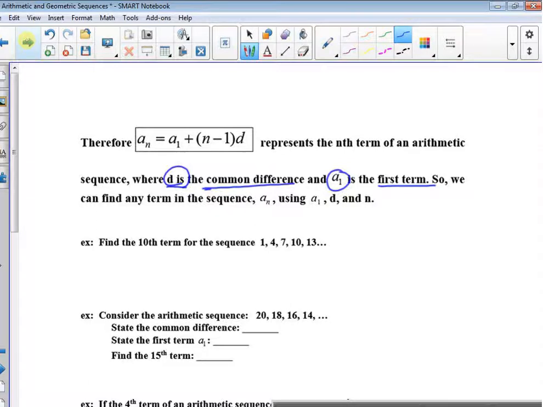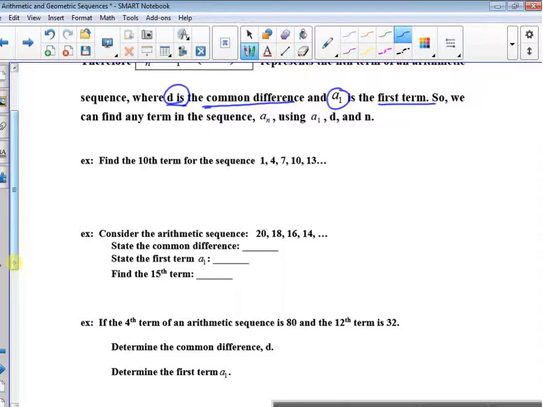So find the 10th term for the sequence 1, 4, 7, 10, 13. You could probably just keep adding 3. But if it asked for the 100th term, that would be a little harder. So we can use the formula. You should write out the entire formula. a sub n equals a sub 1 plus n minus 1 times d. We are looking for the 10th term, so n is 10.